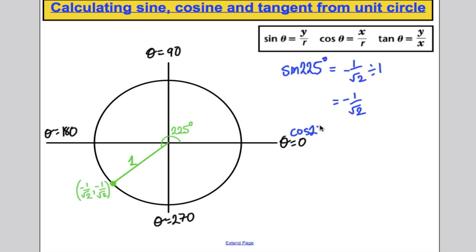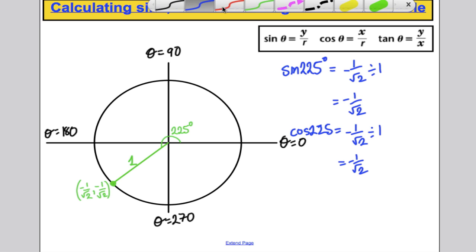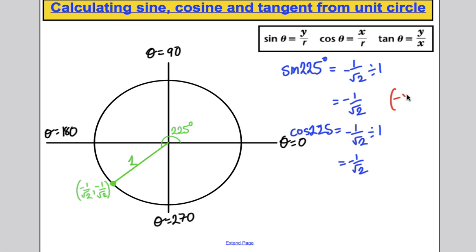Cos of 225 is going to be the x number divided by 1, which is negative 1 over root 2 divided by 1, which again is negative 1 over root 2. Or if we rationalise, by the way, in these cases, that would be negative root 2 over 2, and that would be negative root 2 over 2, multiplying top and bottom by root 2.